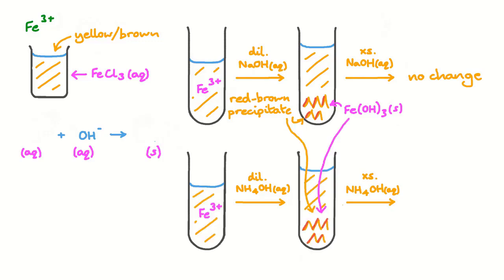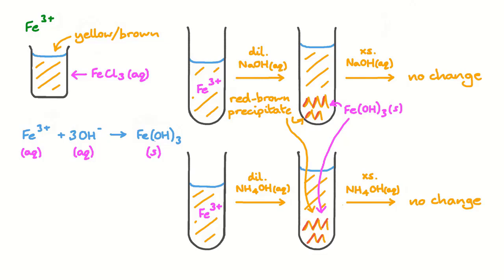Adding dilute ammonium hydroxide produces the same red-brown precipitate of iron 3 hydroxide, and an excess has no further effect. So we see the same pattern of precipitations with iron 2 and iron 3, but very different colours. As with aluminum and chromium 3, we need 3 hydroxide ions to balance the charge of Fe3+, giving us Fe(OH)3.